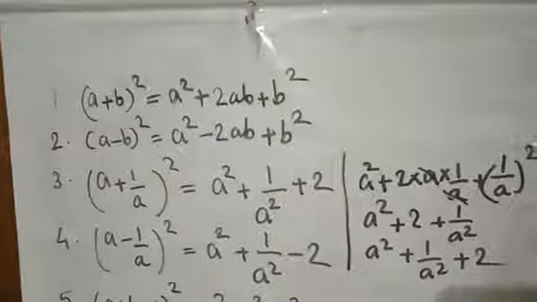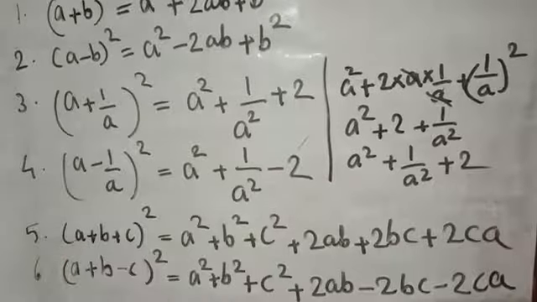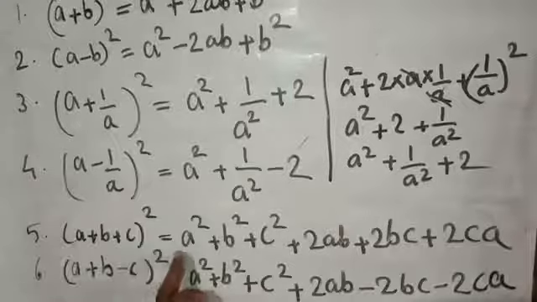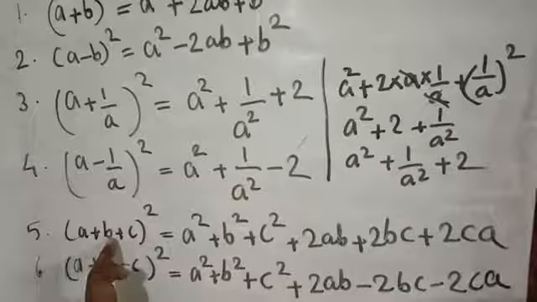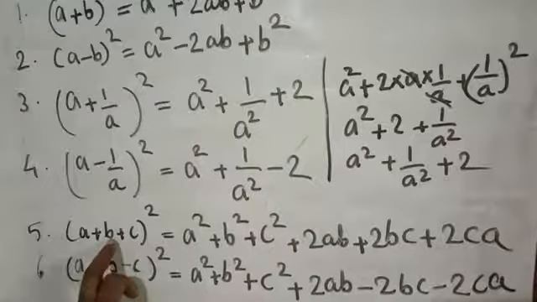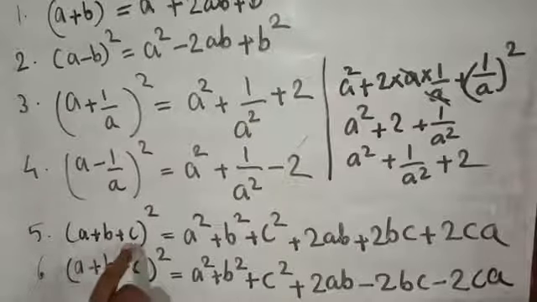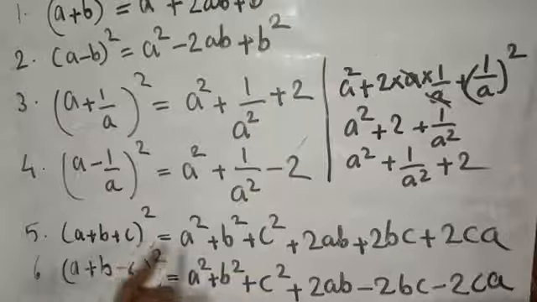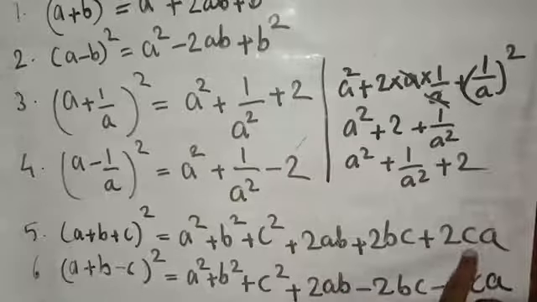Now, if three terms are there, a plus b plus c the whole square, then how to write? A square plus b square plus c square plus 2ab, 2 into the product of the first two terms, then 2 into second term into third term, 2bc, then first term into third term, 2ca.